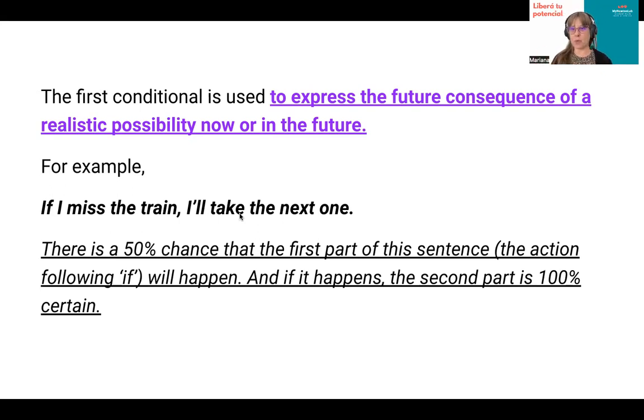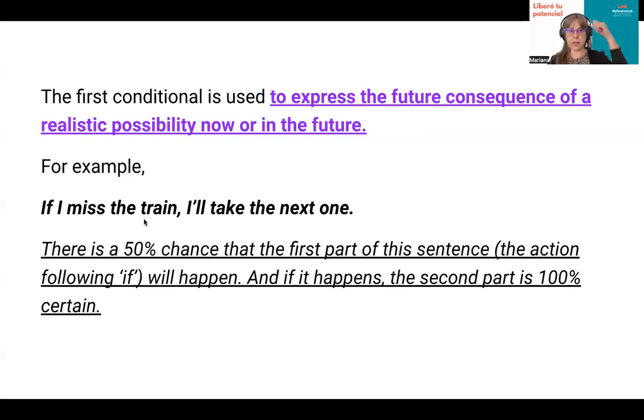Every time that we speak about actions in life, we have 50% of options that are good outcomes, we could say, or good results. And there's the other 50% of a different result. So when we speak about these actions, we are referring to a 50% chance that I miss the train.